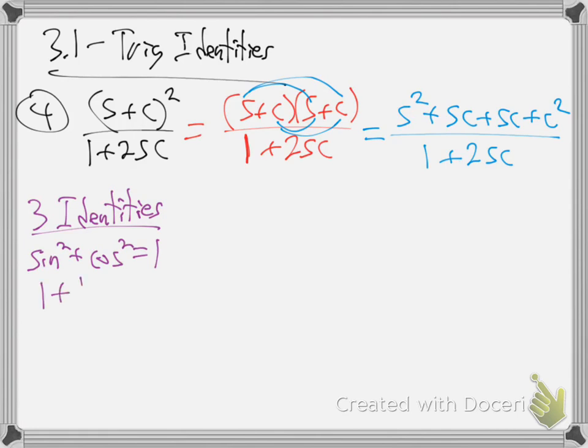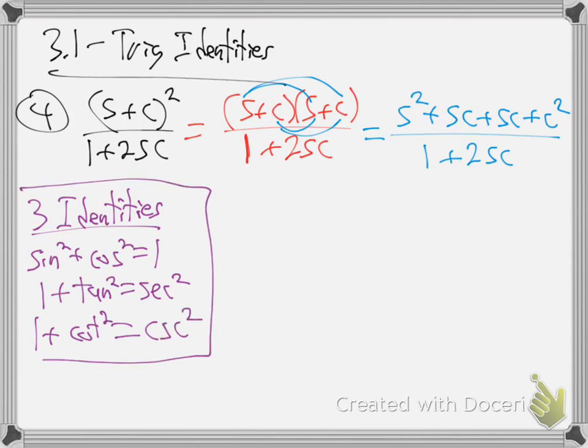And then 1 plus tangent squared is secant squared. And then the co-version, 1 plus cotangent squared is cosecant squared. Those come up all the time. You want to have those on your 3x5 card for the exam next Tuesday, a week from tomorrow, when you're doing these identities. We use those a ton.